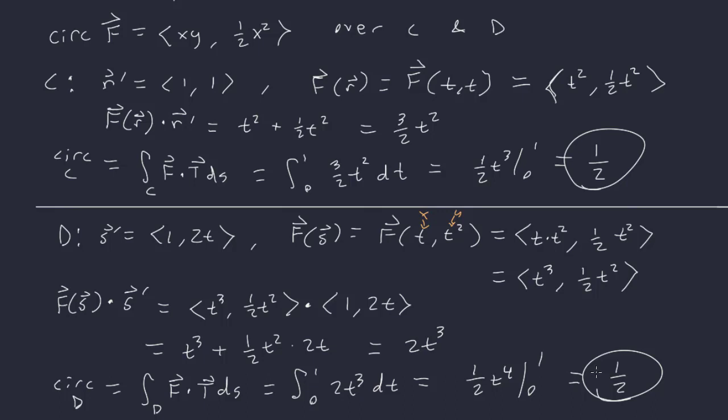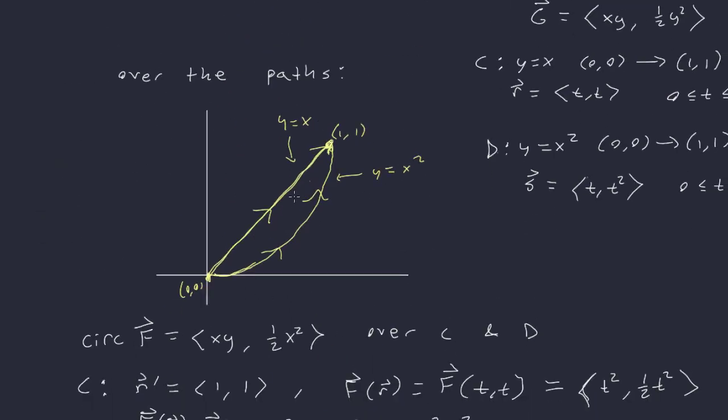1/2 again. So here's the question. Is this always true? Right? The circulation of F over this path, so this was C, was 1/2, and the circulation of F over D, the second path, was also 1/2.